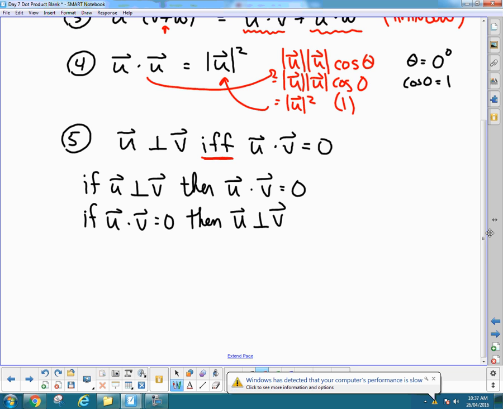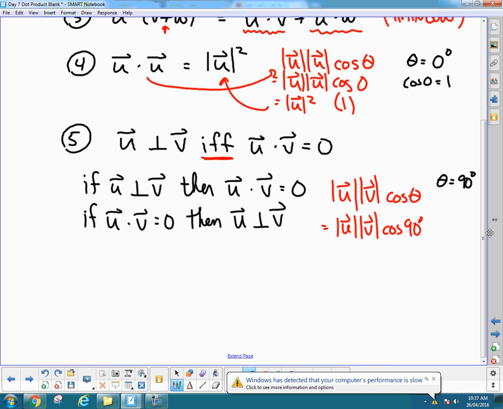Well, again, let's try their dot product. So magnitude of U, magnitude of V, cos theta. If we have two vectors that are perpendicular, then theta is equal to 90 degrees. And so what we end up doing is taking the magnitude of U times the magnitude of V times cos 90.